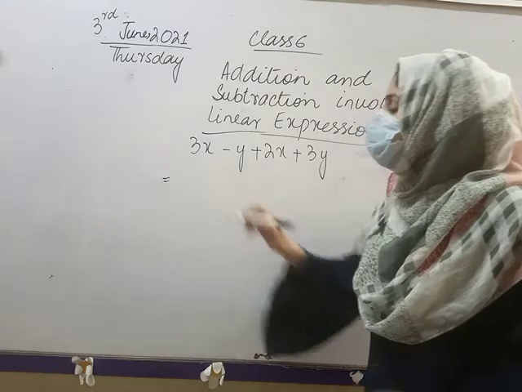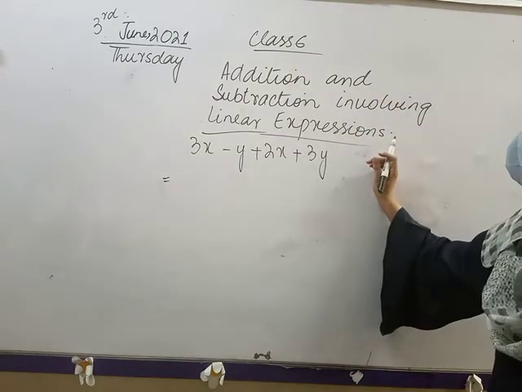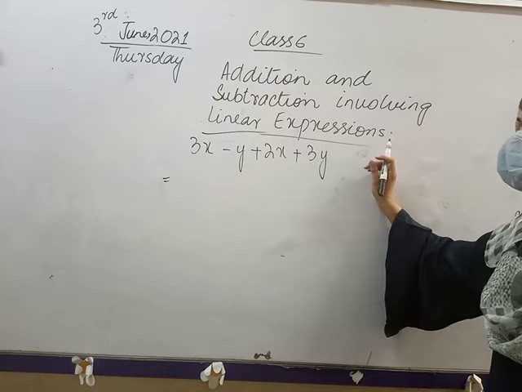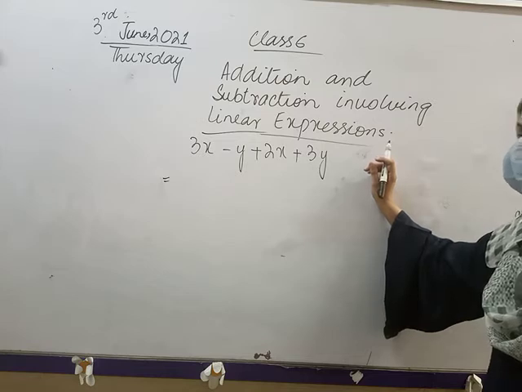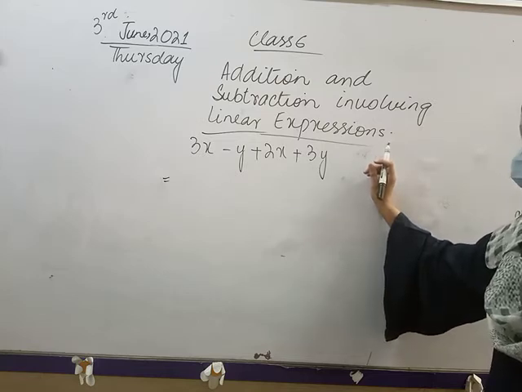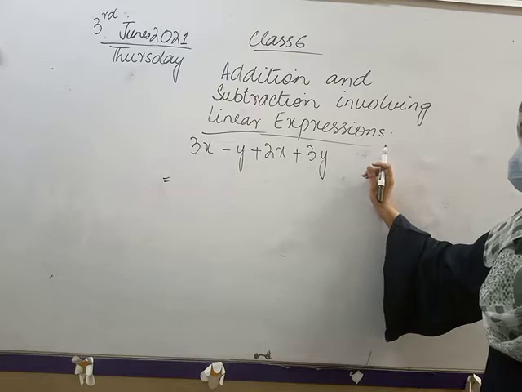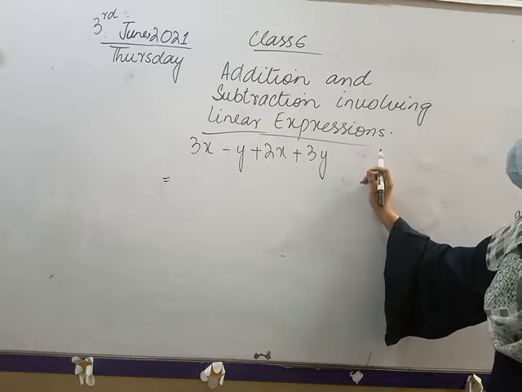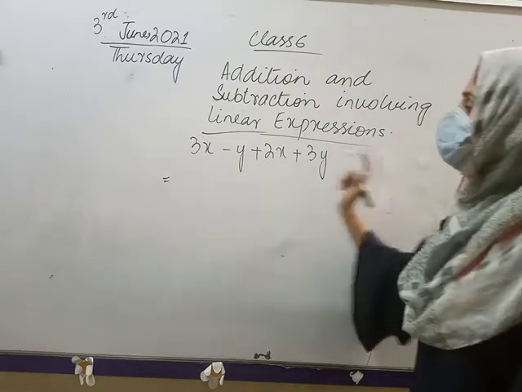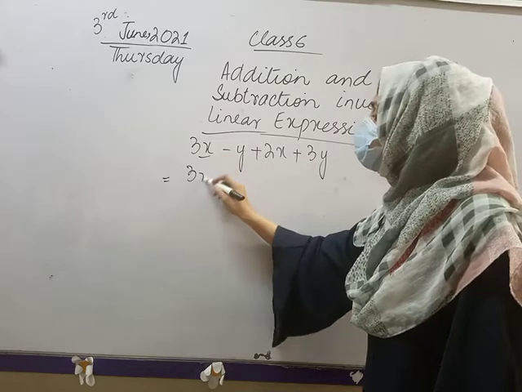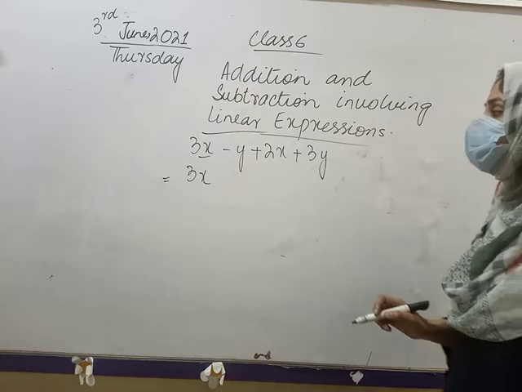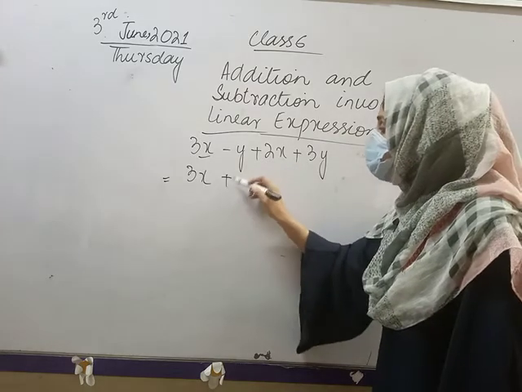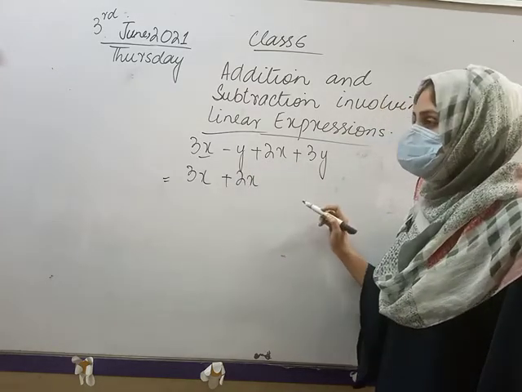So what terms are like? Who will tell me in this question which terms are same? Yes, Aman, you tell me. Very good. If you look, the first term is 3x and the other term having the same variable is 2x.